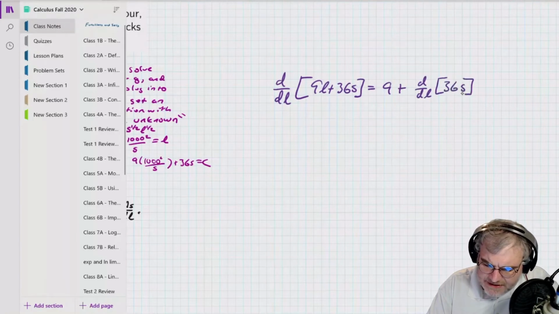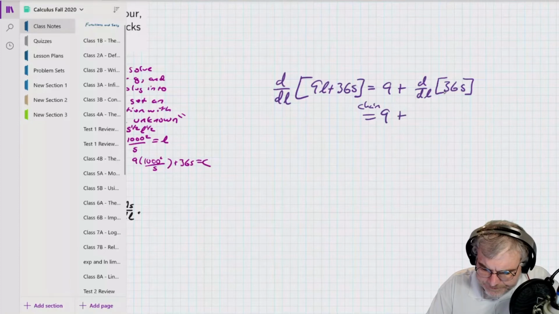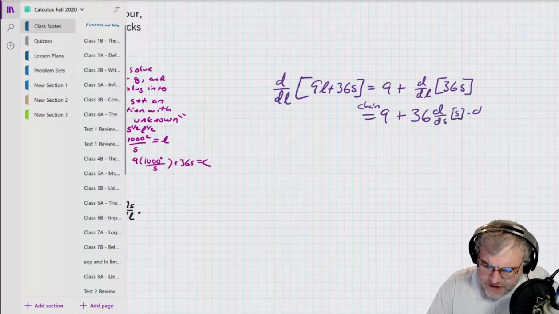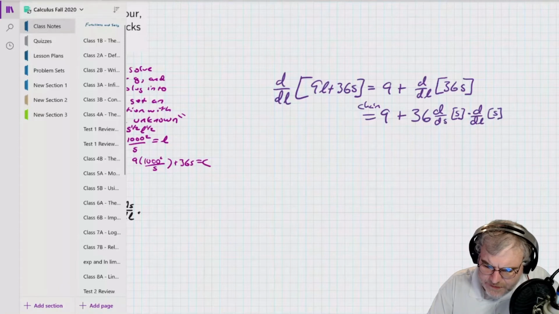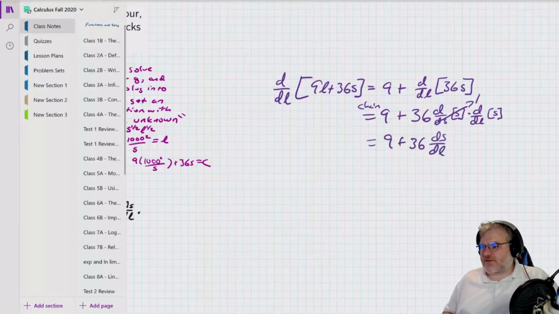Now this is an S, that's an L, so I got to use the chain rule. So I do a little chain here, and I get 9 plus the 36 just comes out, and this, I should do d over ds of S times d over dL of S. And of course, this bit is 1. So I wind up with what's left, 9 plus 36 ds over dl. Was that the thing you were asking for?